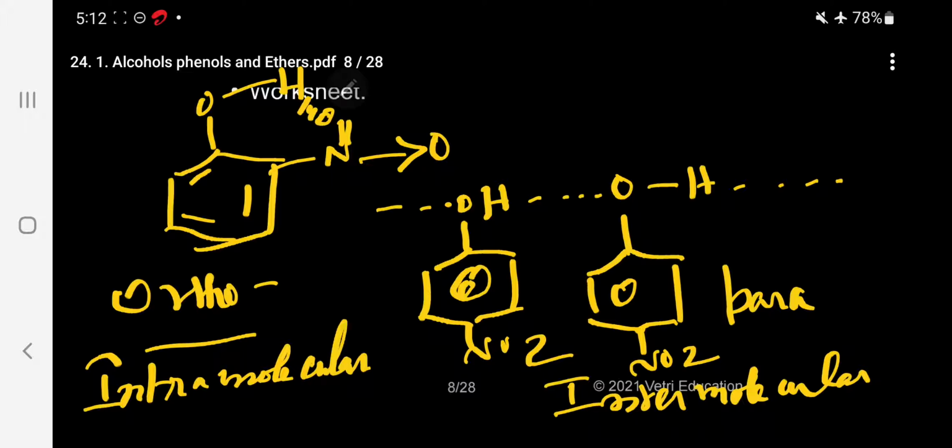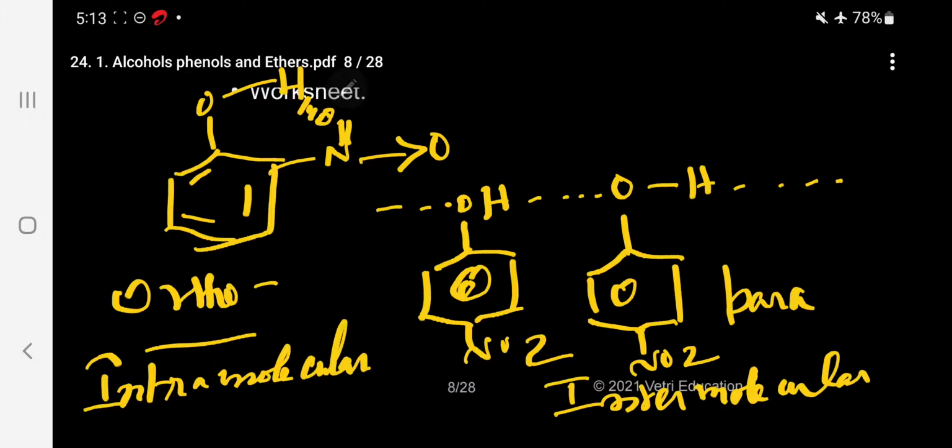So ortho is highly volatile, para-nitrophenol is less volatile. So they have a vast boiling point difference. So what will happen now? The interesting information is they are soluble in hot water, that is hot water vapor, but insoluble in cold water.